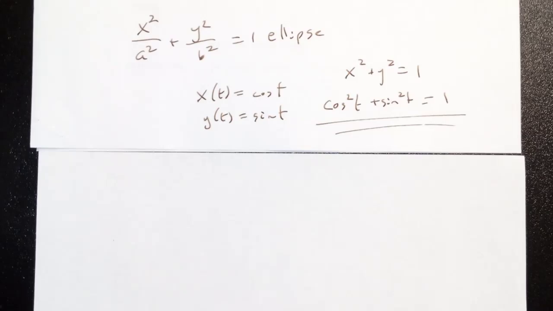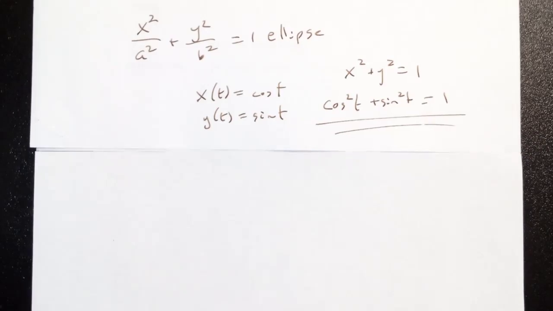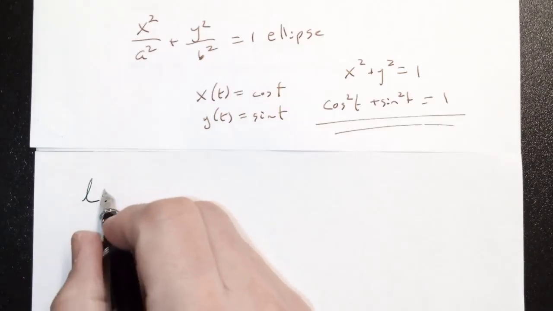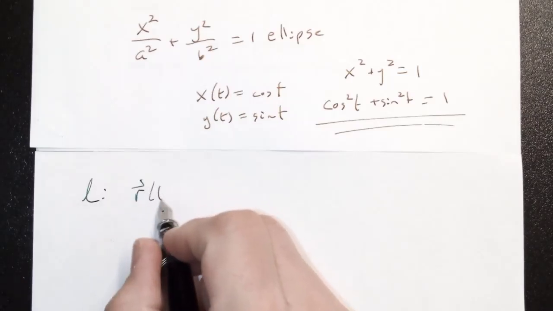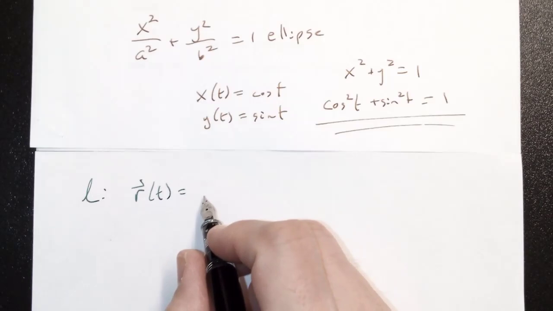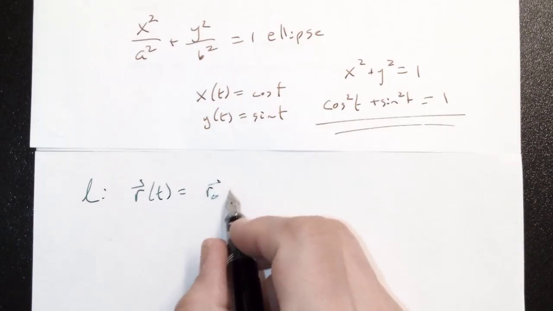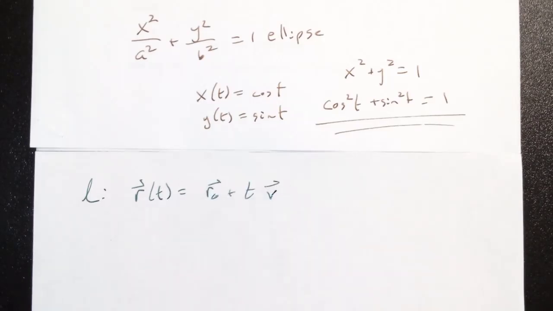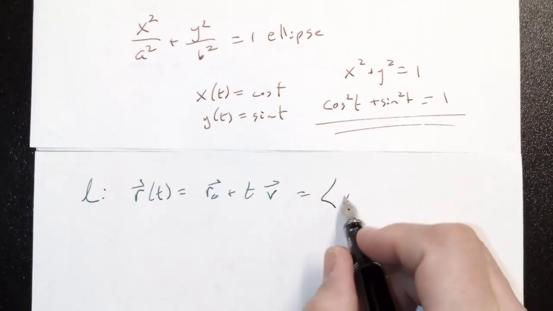Because when I make a line, I get some vector equation.